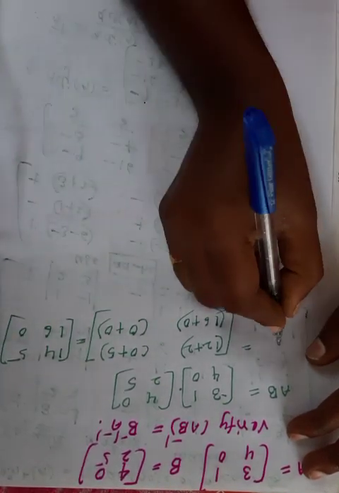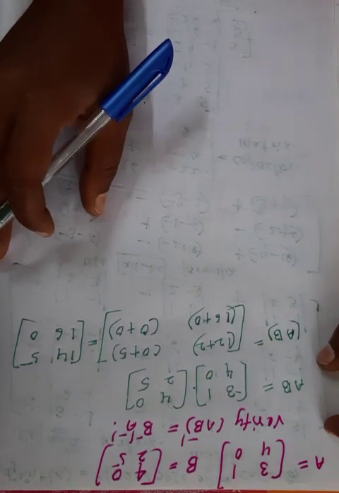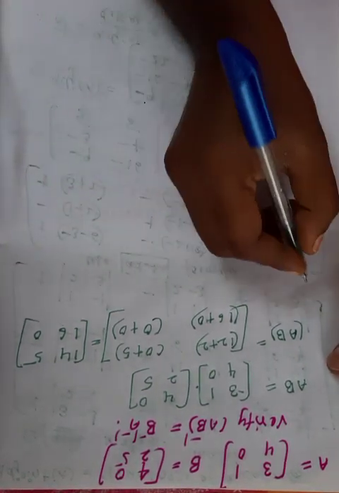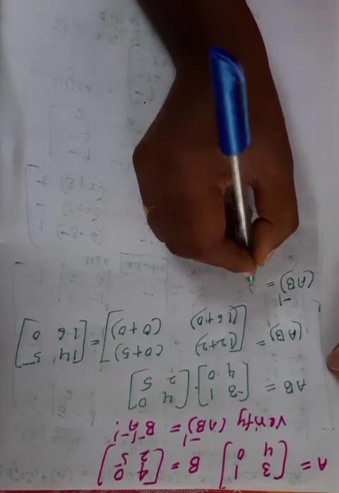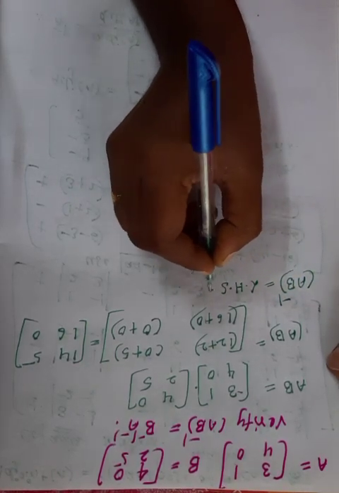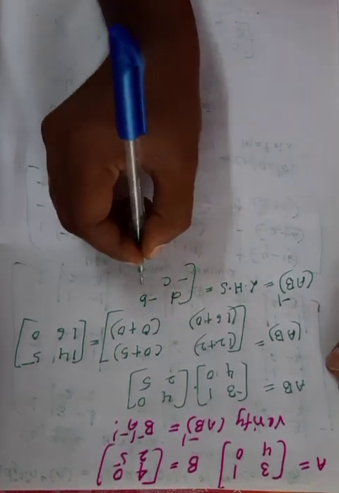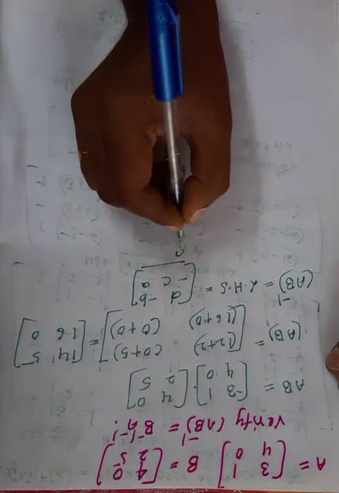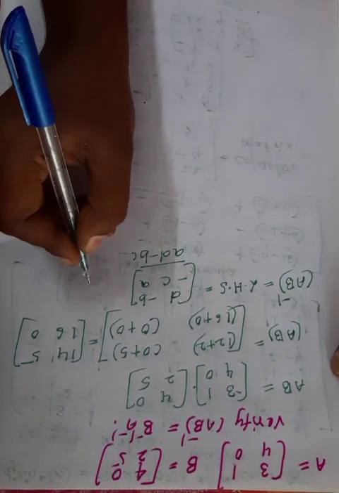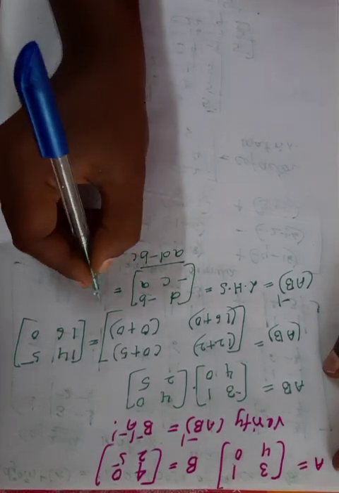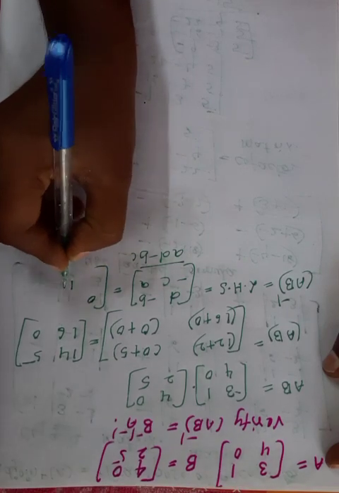So this is AB. After getting the A into B matrix, we go for AB whole inverse, which is the LHS. D, minus B, minus C, A by AD minus BC. Already we have discussed this in the beginning of the class. Here A and D should be interchanged: 0, 14.